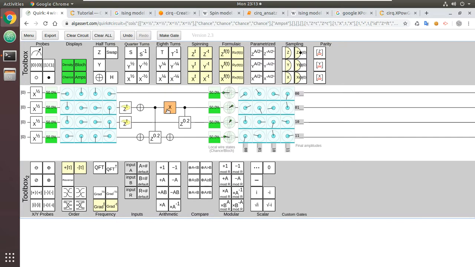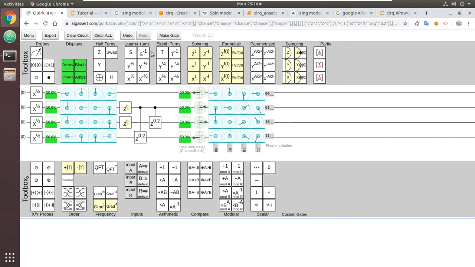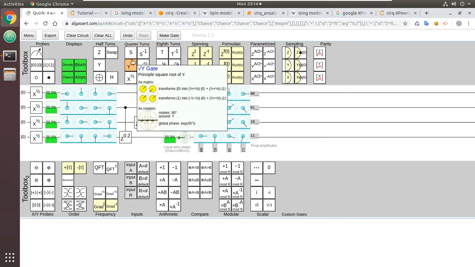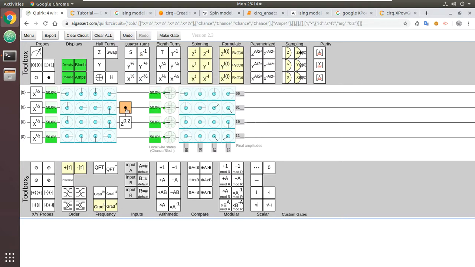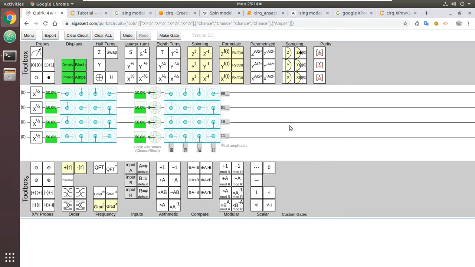Things don't change at all. I mean, we're just rotating. That's confusing.